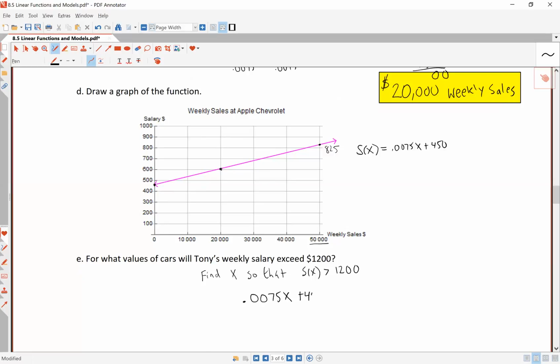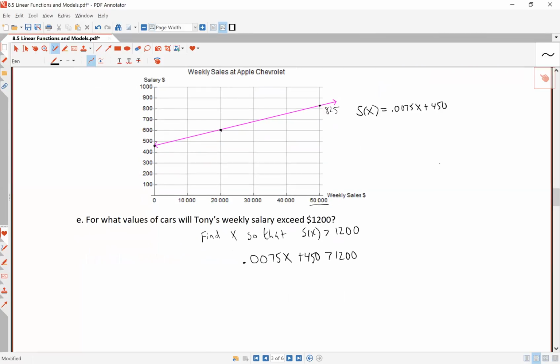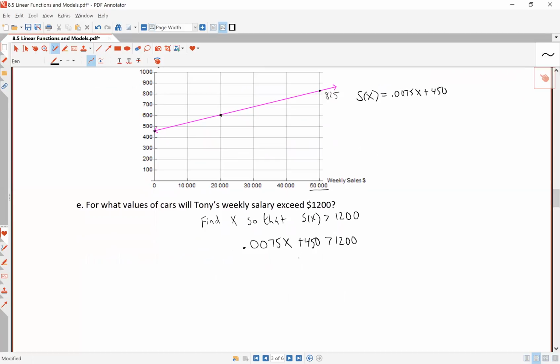0.0075x plus 450, we want that to exceed $1,200. Subtract 450 from both sides. $750 in commission. So we divide both sides by 0.0075.